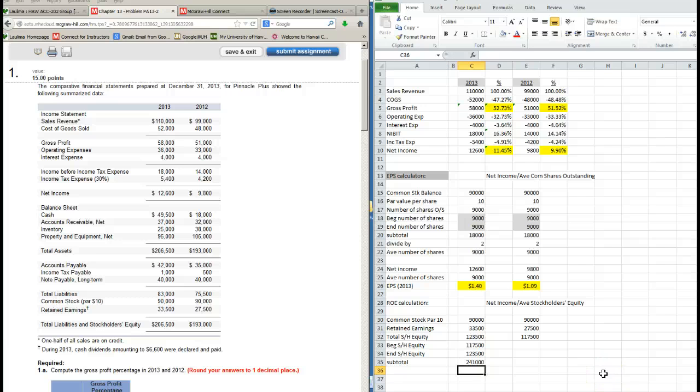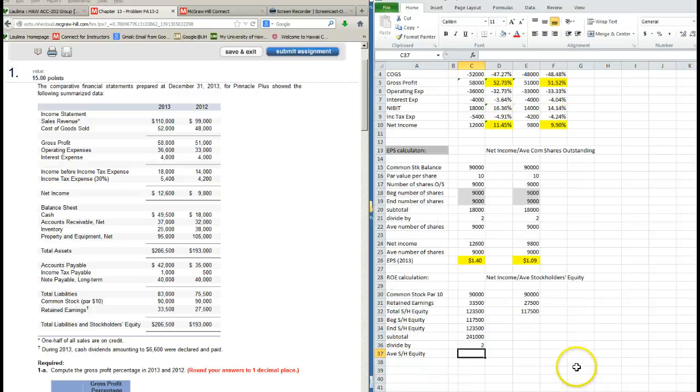And just as we did up above, we divide by 2 to get the average stockholders equity for 2013. And so we take the subtotal and divide by 2, and that gives us the average.